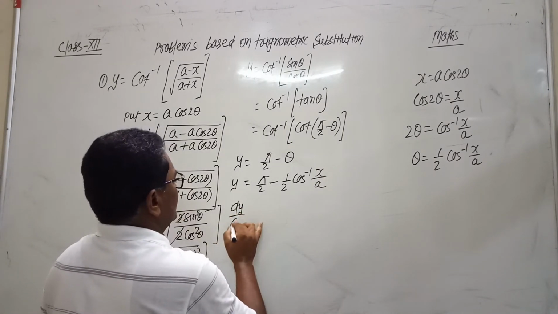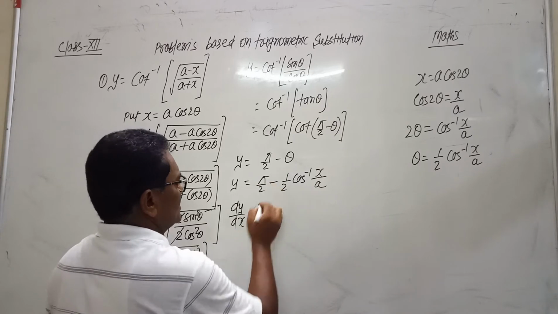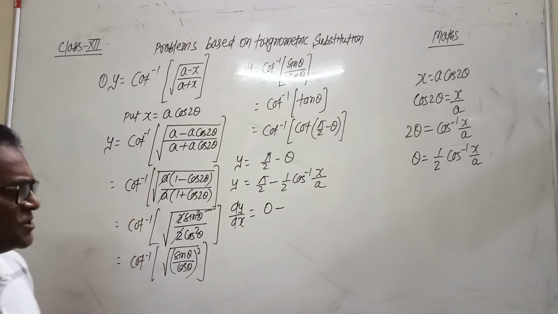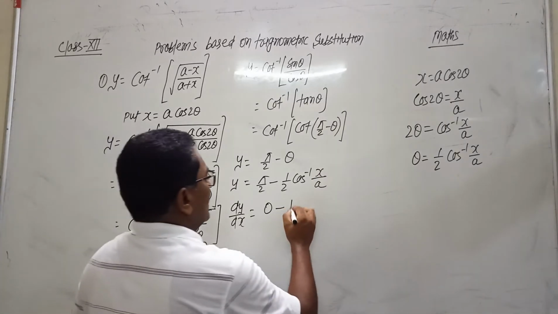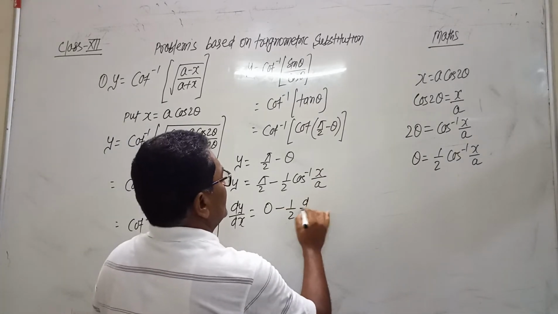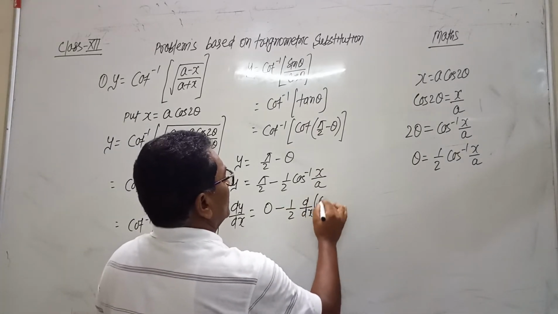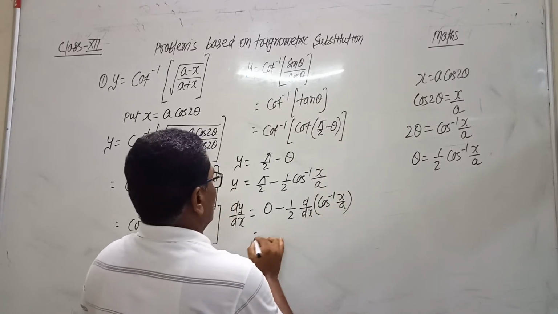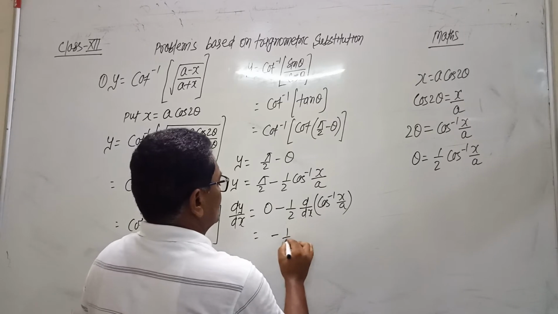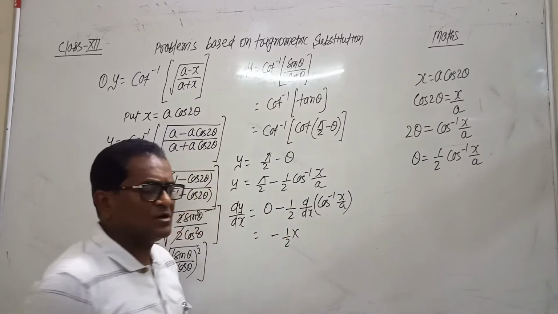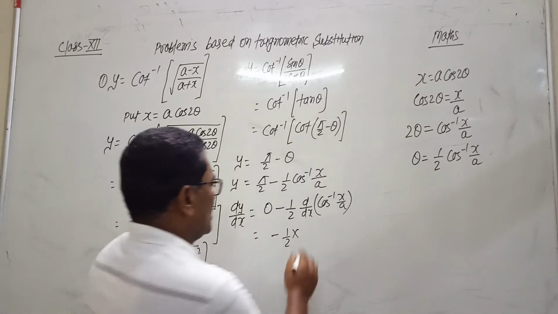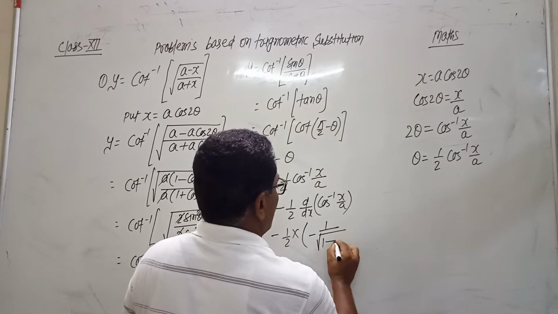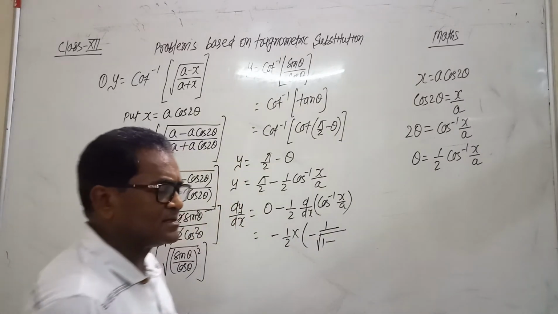So dy by dx. Differentiation of pi by 2 is 0 because pi by 2 is a constant term, and then 1 by 2 and d by dx of cos inverse x by a. So this is minus 1 by 2, and differentiation of cos inverse x is minus 1 upon under root of 1 minus x square.